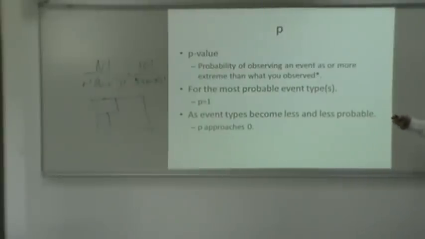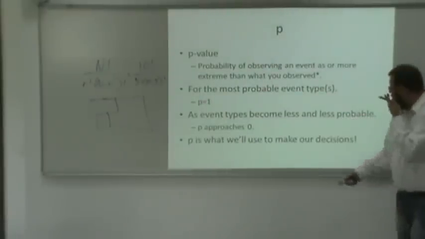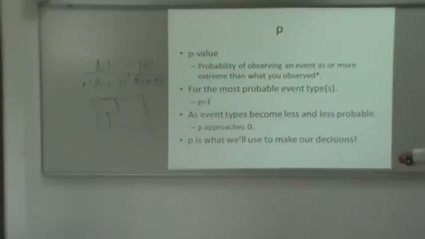As the event types become less and less probable, the p-value is going to approach 0. So p is what we're going to use to make our decision. The p-value, which is the probability of observing an event as or more extreme than what you would expect.